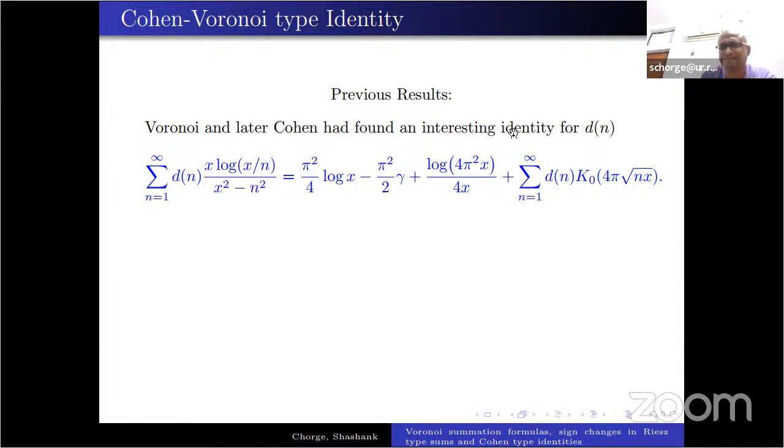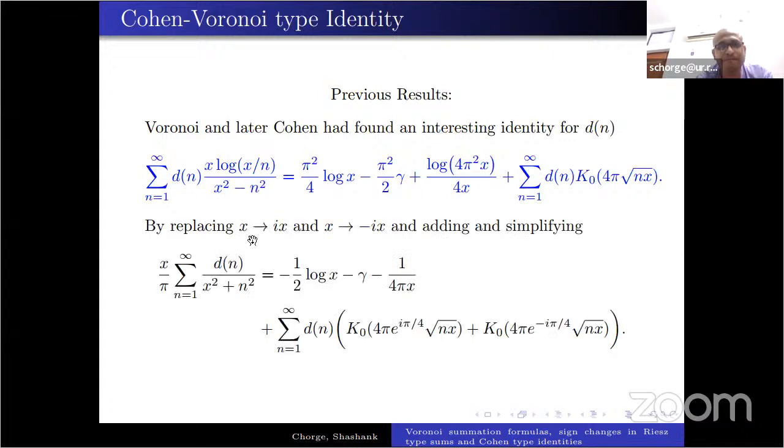And why is this identity interesting? I will explain that as well. So Voronoi and Cohen discovered this identity. I guess that is in blue, that shows in yellow on my screen, but this is the identity which they derived.